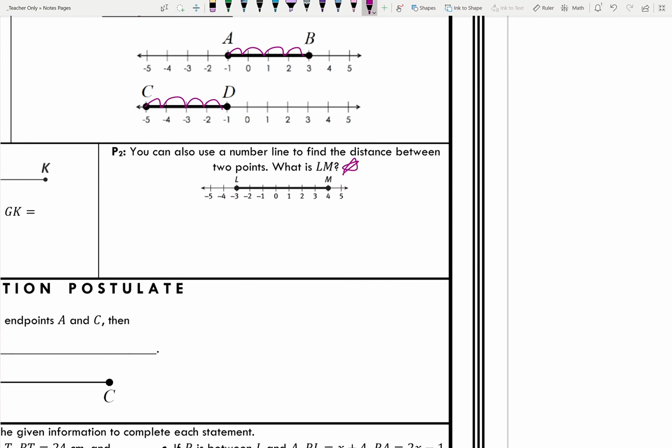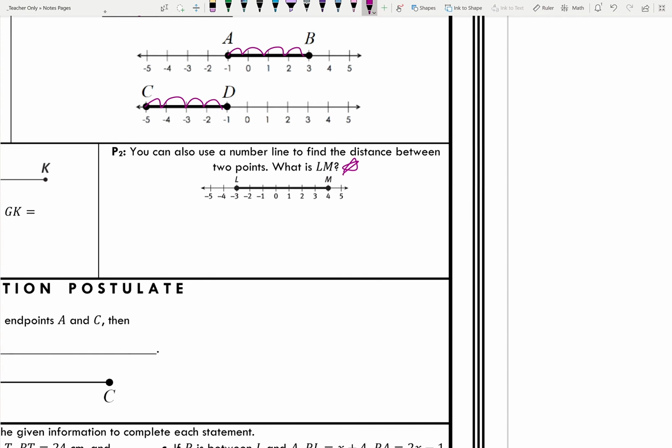P2 says you can also use a number line to find the distance between 2 points. What is LM? So remember, that's just the distance between L and M, or the length of LM. To do this, we just subtract the endpoints and take the absolute value of whatever we get.